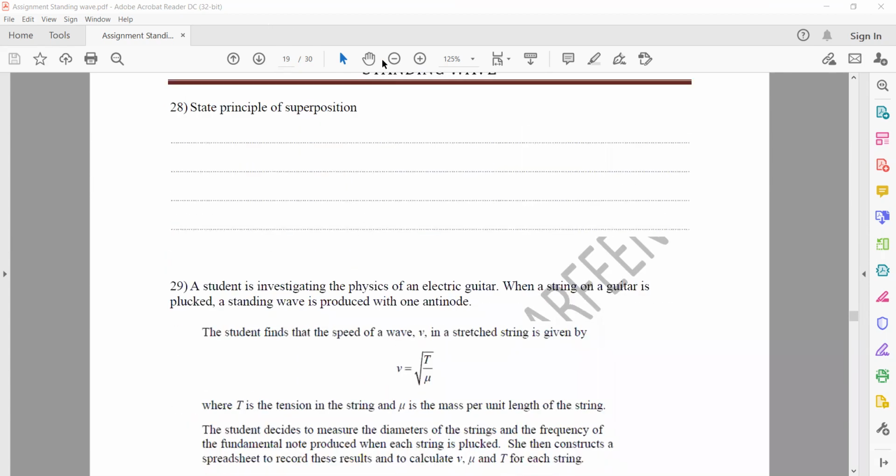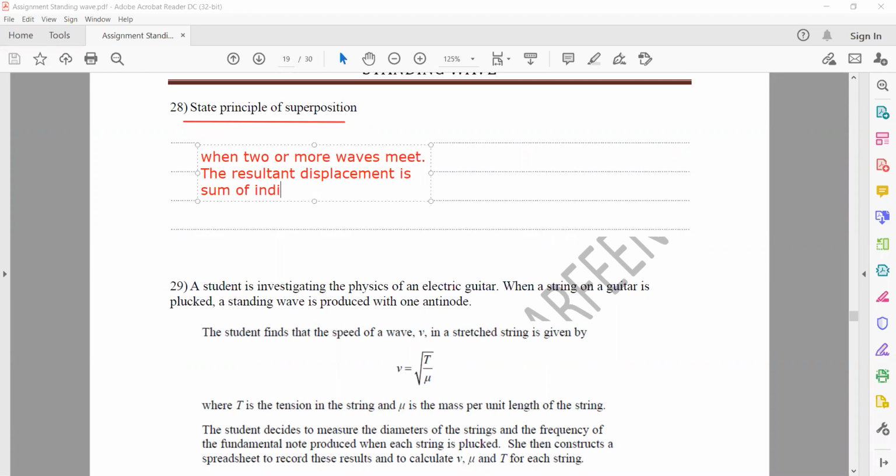Question 29, state the principle of superposition. The superposition principle states that when two or more waves meet, the resultant displacement is the sum of the individual displacements.